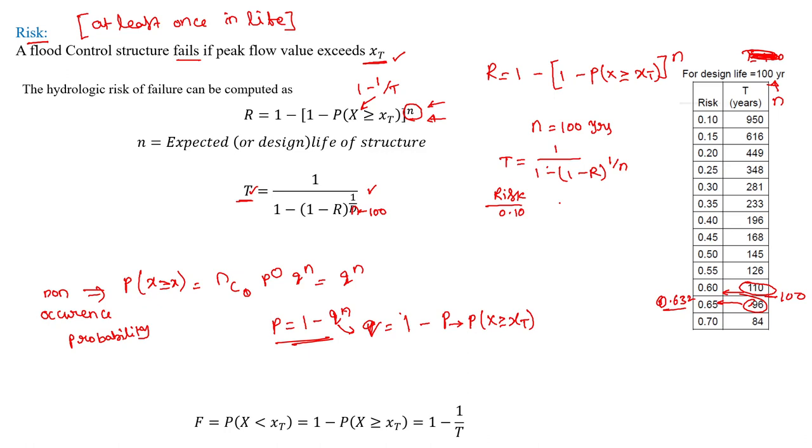Correspondingly I'll choose the design life as well as the design return period. So that is a way. This partially answers your question, but more precisely, if I put increasing values of risk, the return period value is decreasing. That is what I meant here.